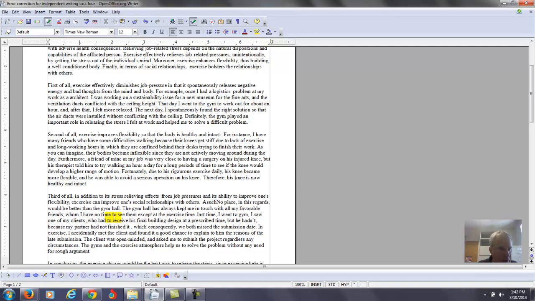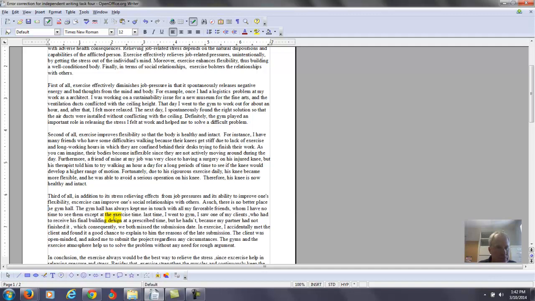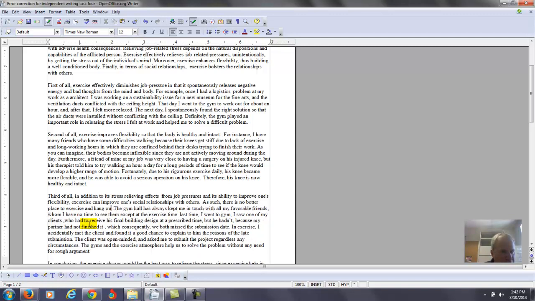You enter your example and say, comma here. For instance, the last time I went to the gym, I saw one of my clients who had to receive his phone bill design at prescribed time, but he hadn't because the partner had not finished it.